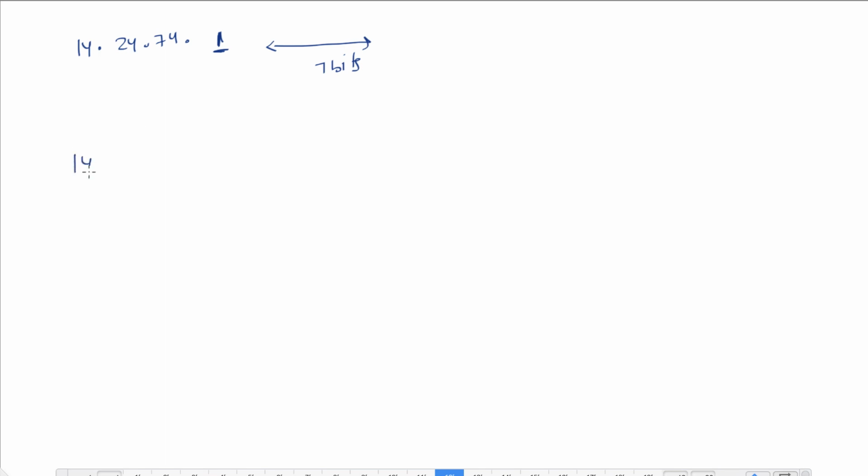So this is 14.24.74.1, and then you need 6 bits only. So this bit is free: if this is 0, you will have one subnet, and if this is 1, you will have another subnet.